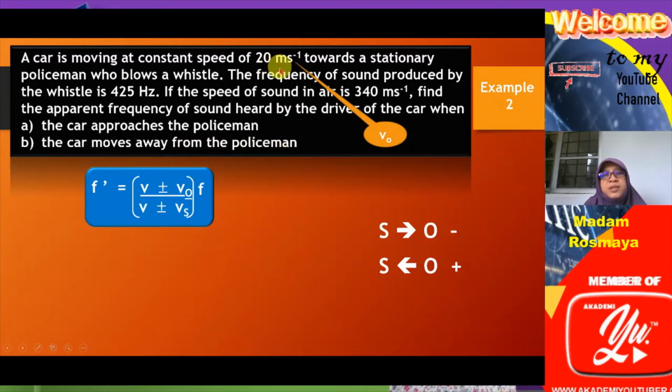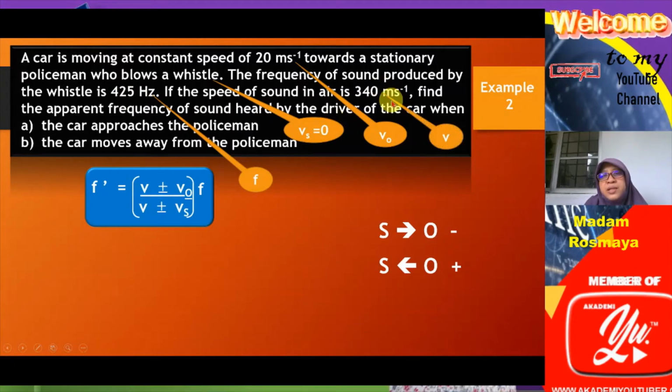What is given in the question? The car moves at a constant speed of 20 meters per second, so this is the speed of the observer. The policeman blows a whistle, so the whistle is the sound source, and vs is 0 because it is stationary. The frequency of the whistle sound is 425 Hz, f.